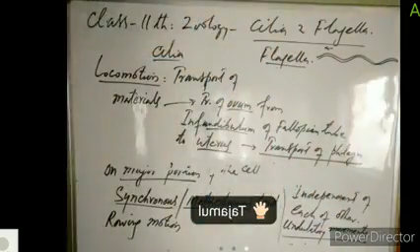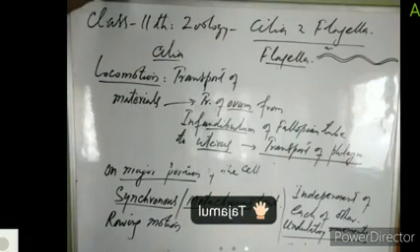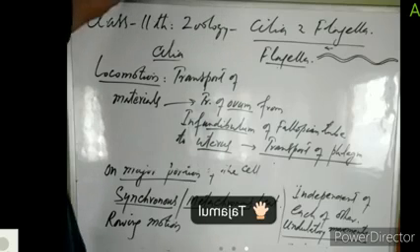You know, our respiratory tract is lined by pseudostratified ciliated epithelium. That pseudostratified ciliated epithelium of our respiratory tract produces mucus continuously.